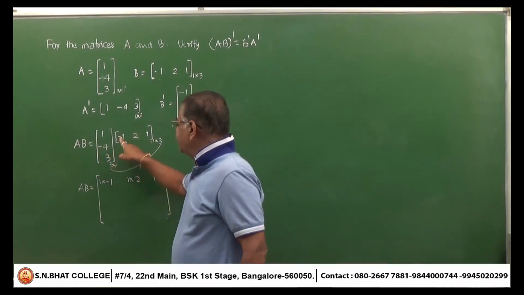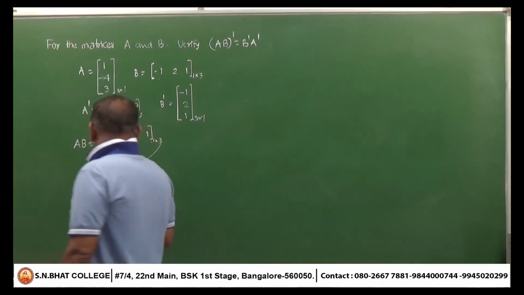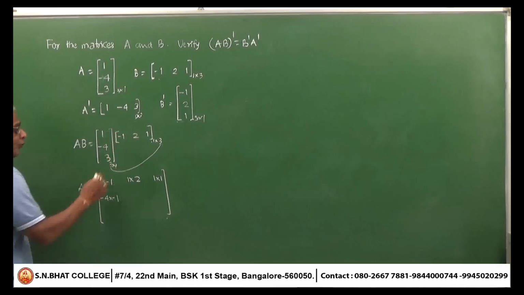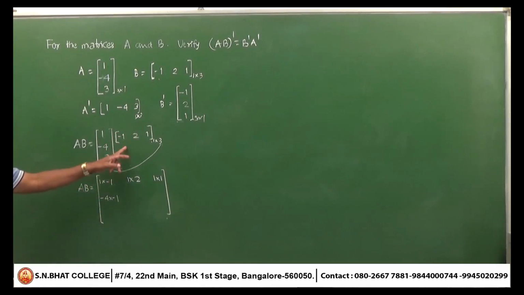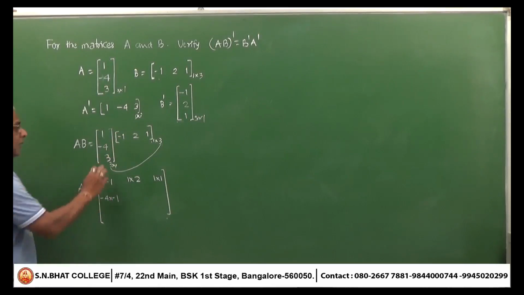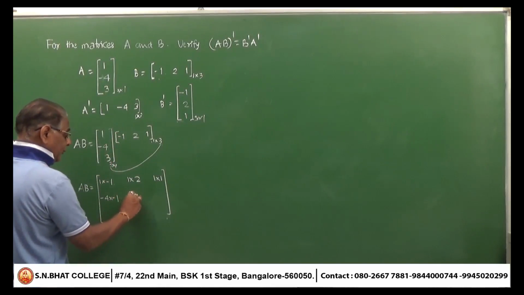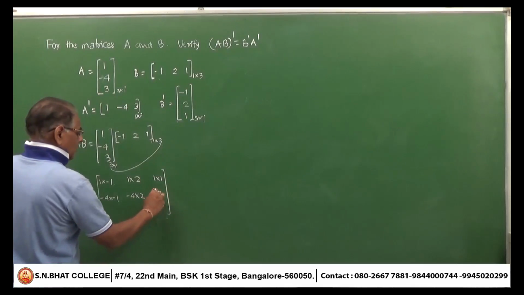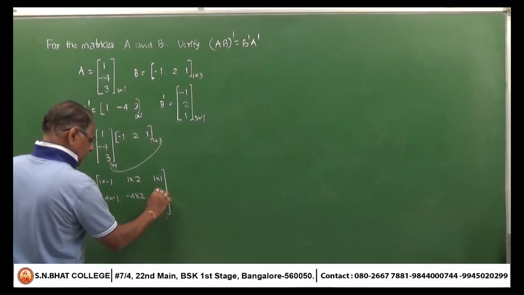Next, multiplication of second row with all the 3 columns. Minus 4 into minus 1. Second row, first column got over. There is no element below this one. Next, minus 4 into 2. Second row, second column, minus 4 into 1.